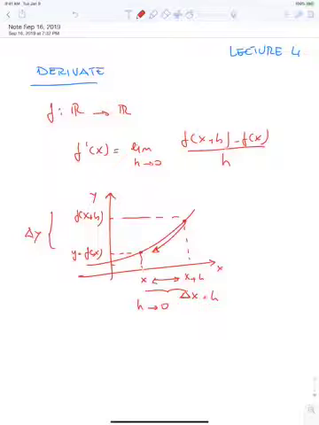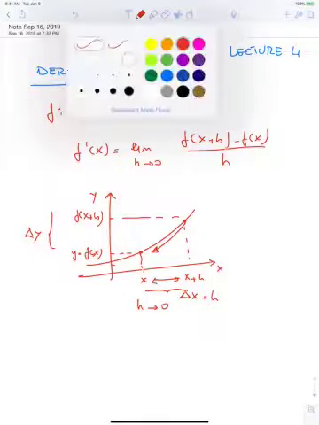Now, we have seen some examples on how to compute the derivative using the limit of the incremental ratio.